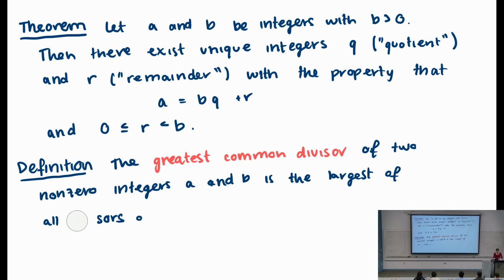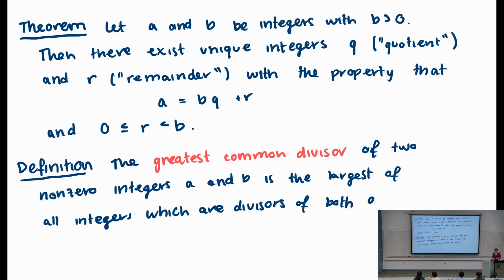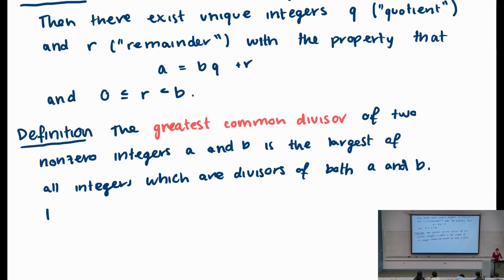Let's say this: of all integers which are divisors of both A and B. And this is denoted by GCD of A and B.